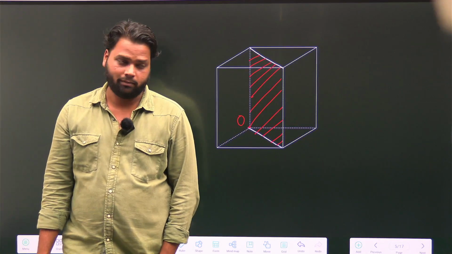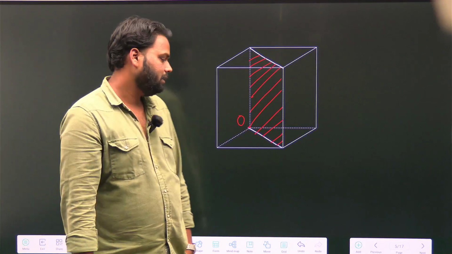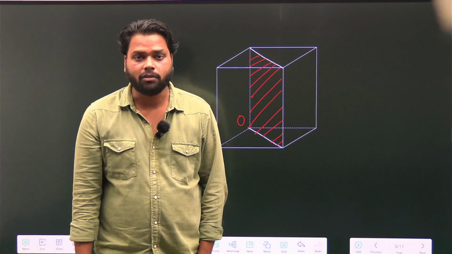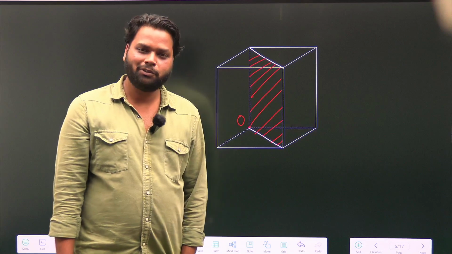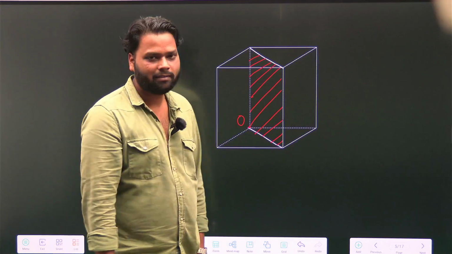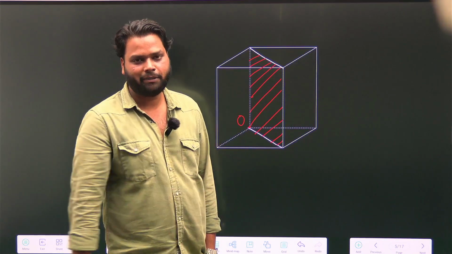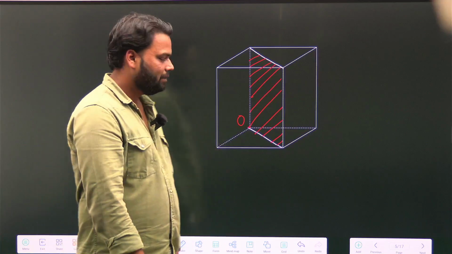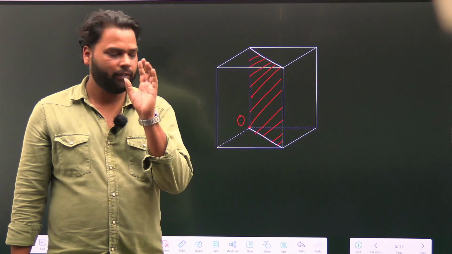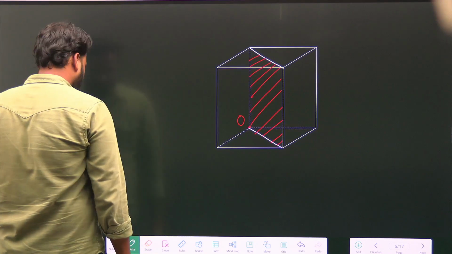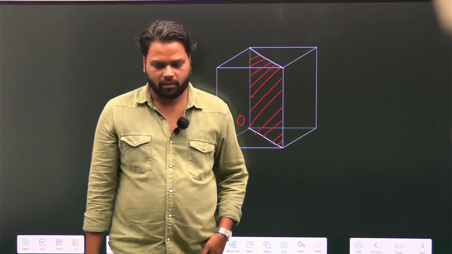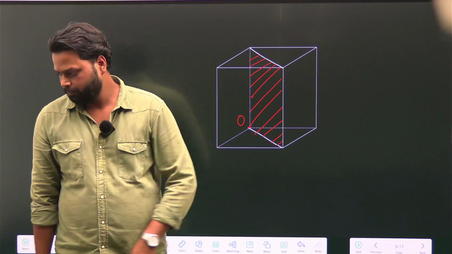Zero, one, one. No. Zero, zero, zero. भाई 0, 0, 0 का मतलब है प्लेन ही नहीं है. प्लेन तो दिख रहा है मुझे यहाँ पे. See, first of all, 1, 1 bar 0. No.